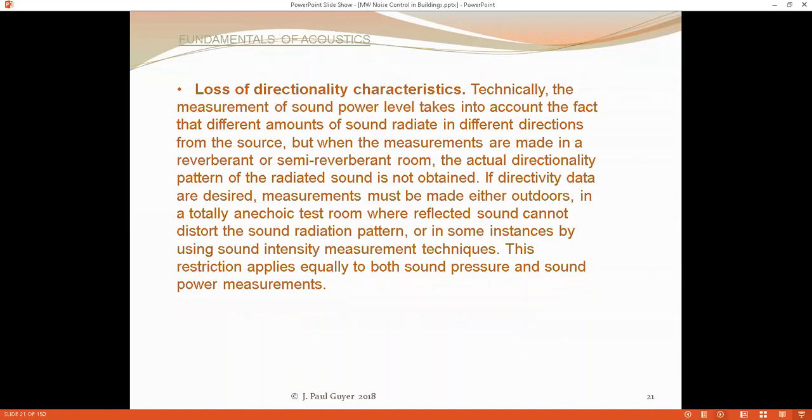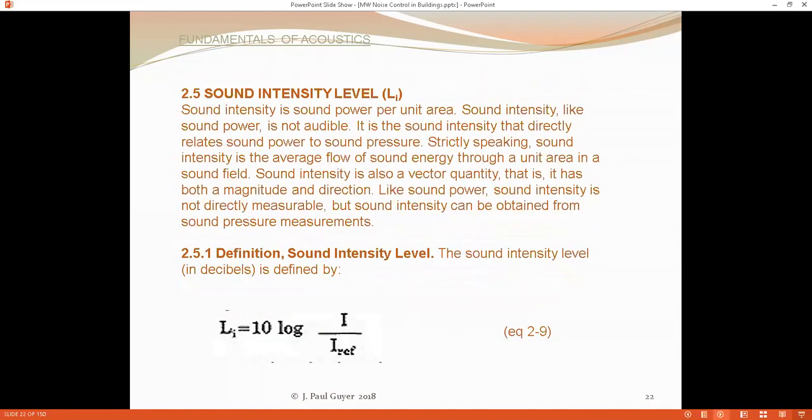Okay, the sound intensity level, should you want to calculate it. And in building design, it's unlikely that you're going to have occasion to calculate sound intensity level for any reason. But if you did, you would be using equation 2.9. Sound intensity is the sound power perceived per unit area, like per unit area of the wall separating the source room from the receiving room.